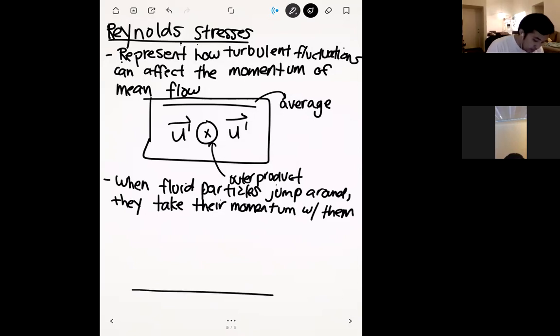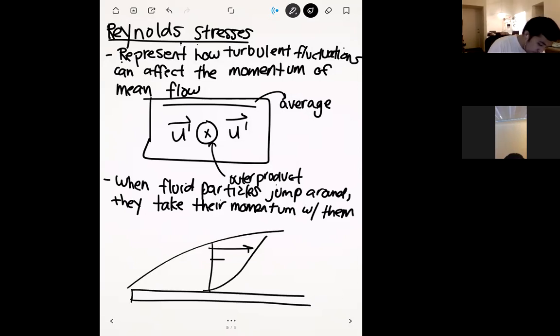So let's say that we have some kind of a boundary layer flow. In the boundary layer, our velocity is going to vary pretty rapidly. It's going to be 0 at the wall and high up there. If this were purely laminar, the fluid would only go in the horizontal direction, so it would just stay in its lane and flow in just one layer.